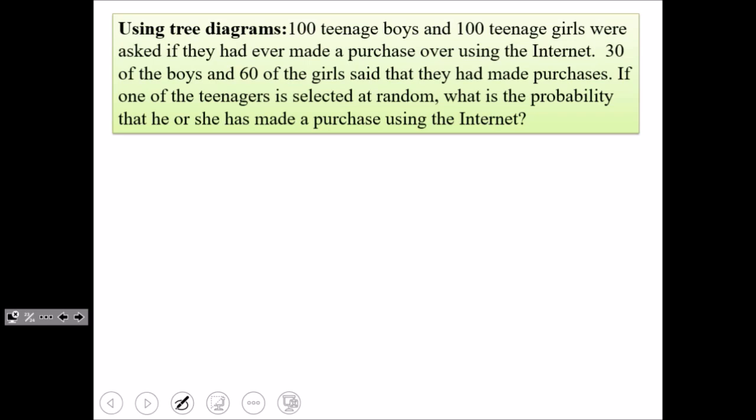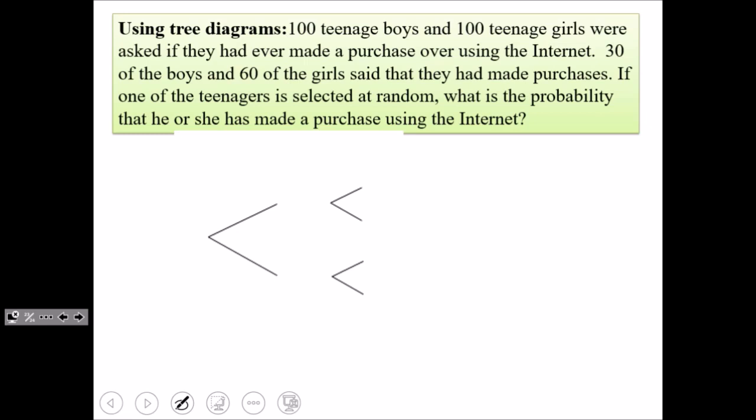So what I need to do is fill out my tree diagram. I've got my decisions. First thing is, I had 100 boys, 100 girls, so my first decision is gender.